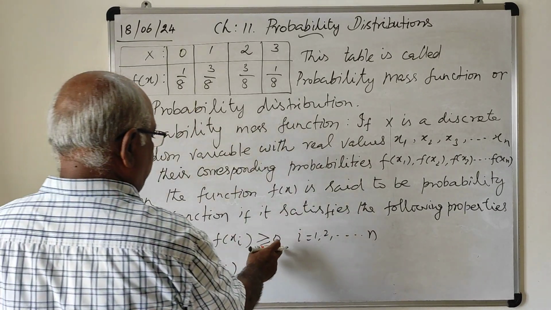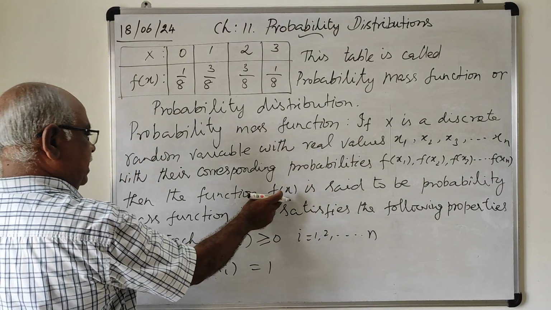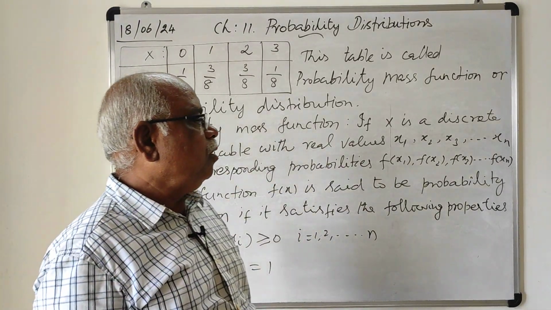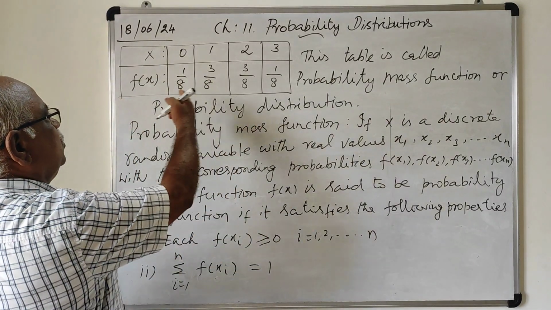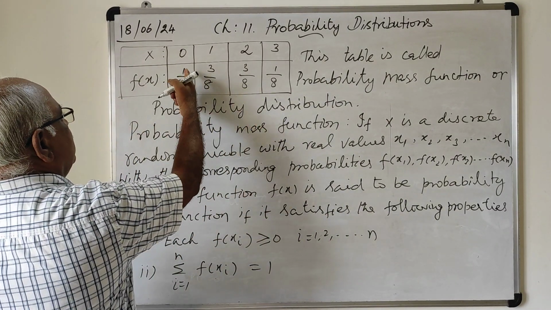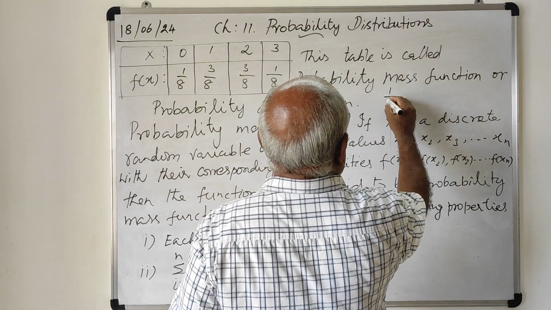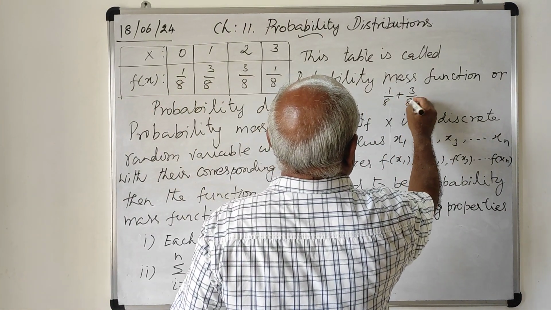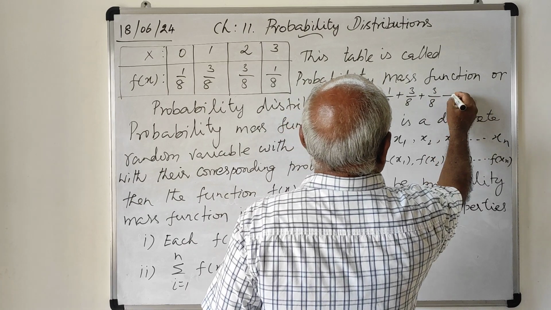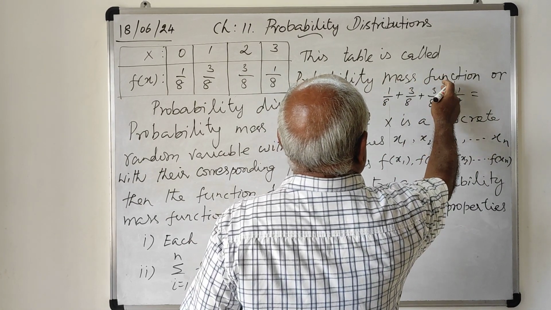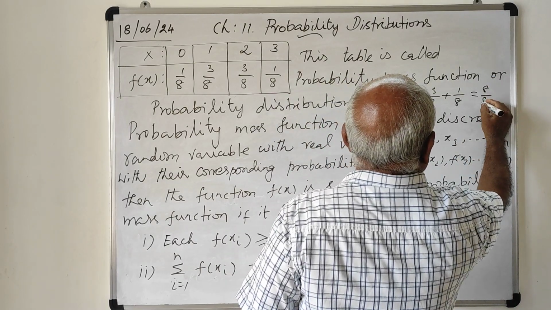If these two conditions are satisfied by the function f of x, then that f of x is called probability mass function or probability distribution. In this case also, if you add all the probabilities, 1 by 8 plus 3 by 8 plus 3 by 8 plus 1 by 8, equal to 8 by 8, that's equal to 1.